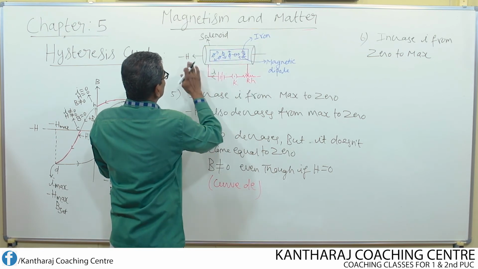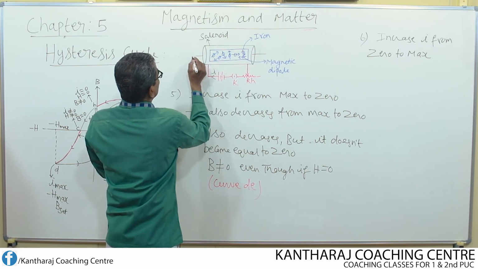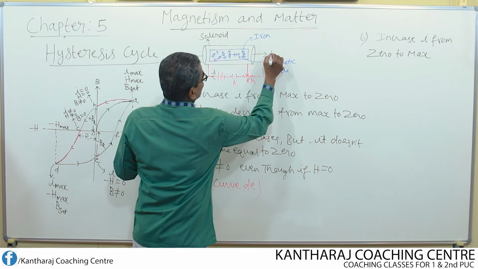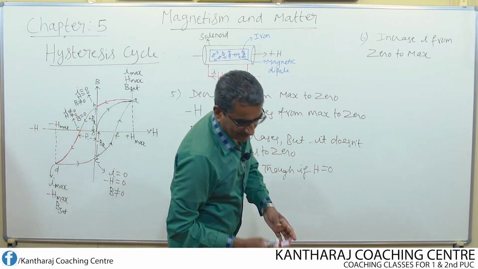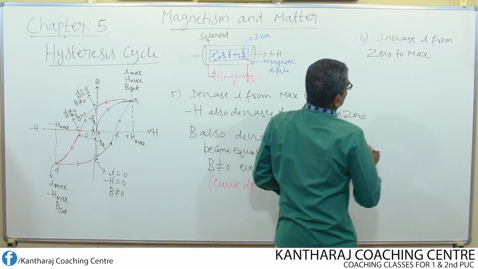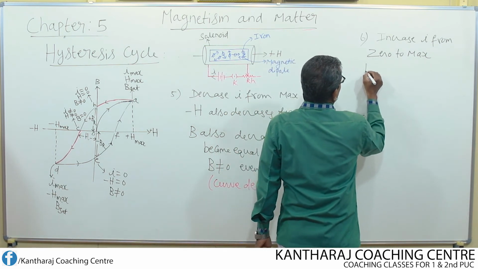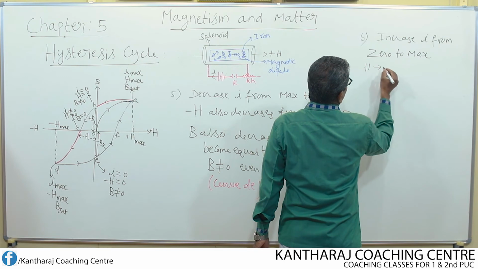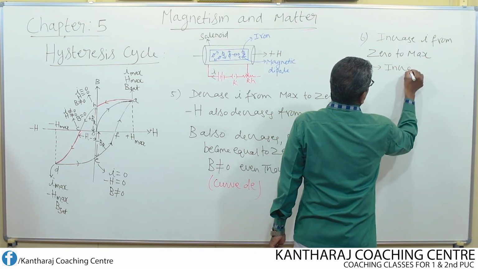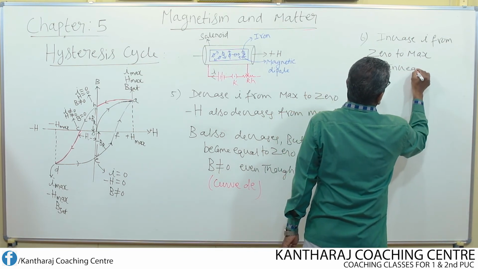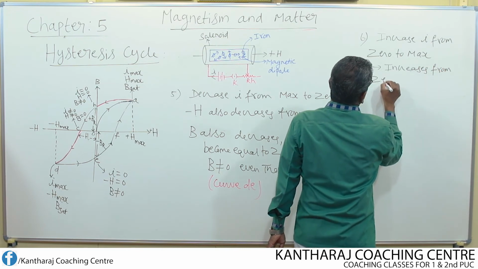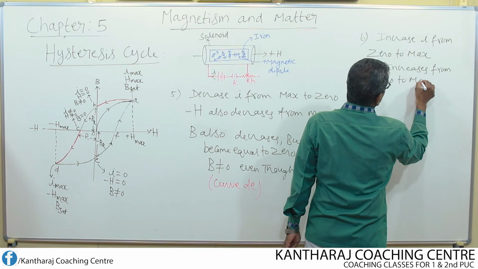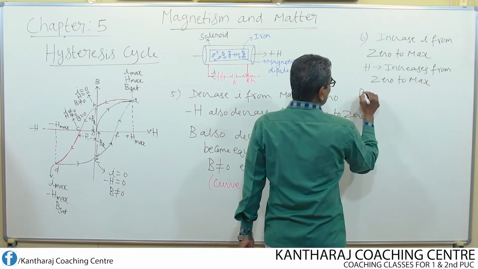If the current direction is reversed, then the direction of H also reverses. Now this is plus H. So that is what we are writing. Increase I from 0 to maximum, thereby H also increases from 0 to maximum. Then what happens to B?